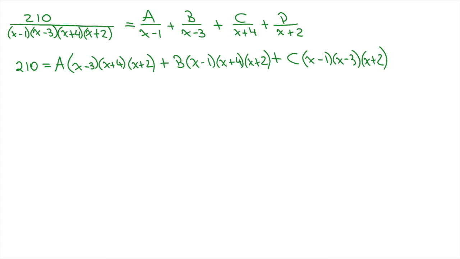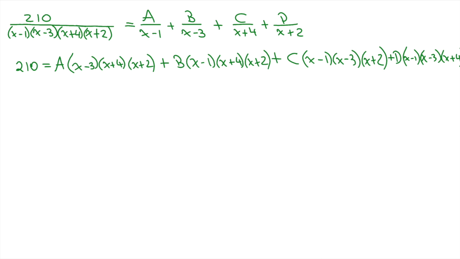Wow, this is getting longer than I thought it would be. Plus D times everything except X plus 2, so X minus 1, X minus 3, X plus 4. There. Thank God for shortcuts.